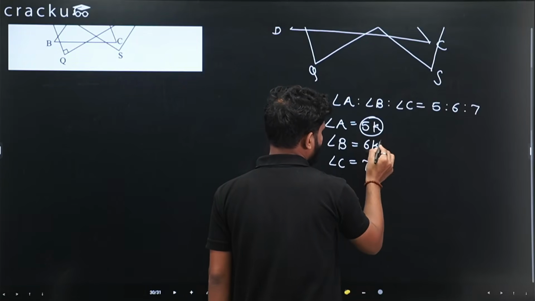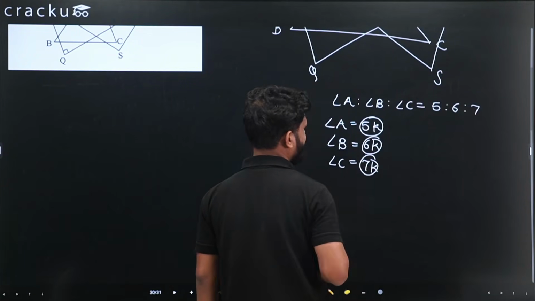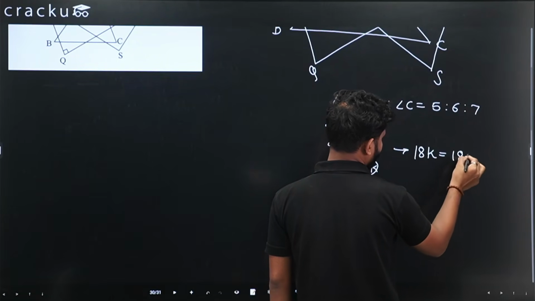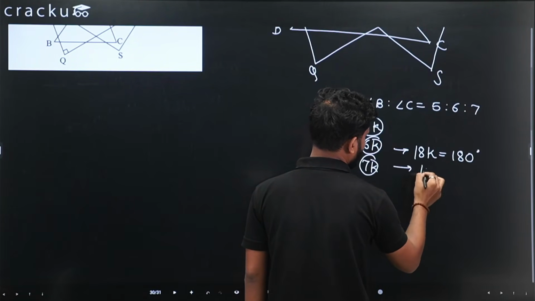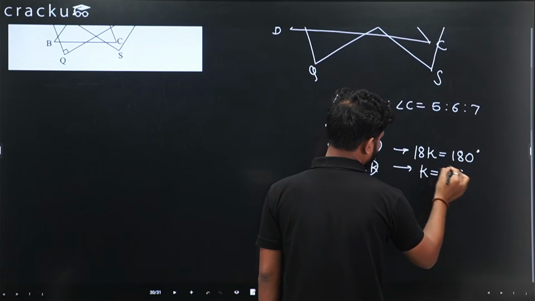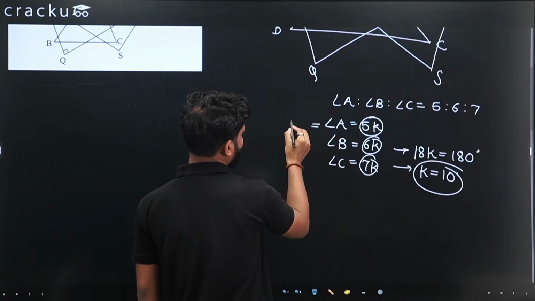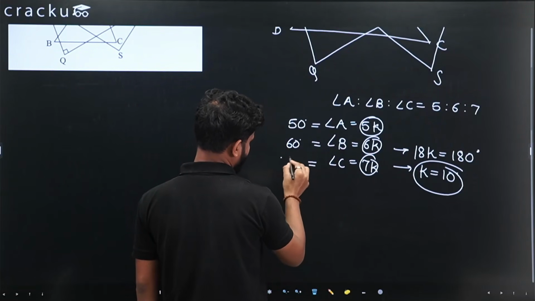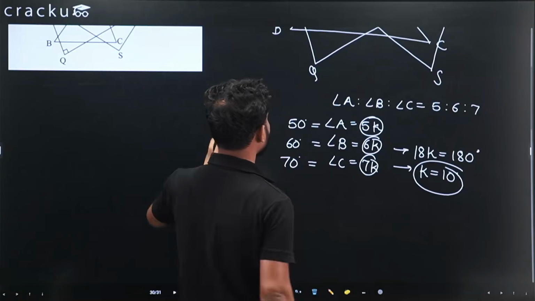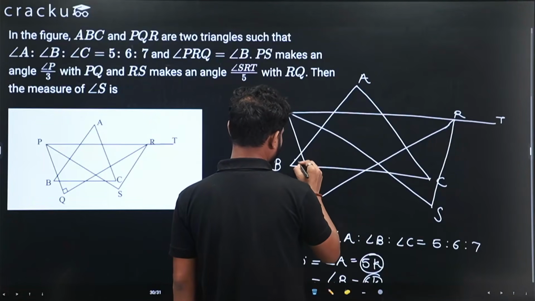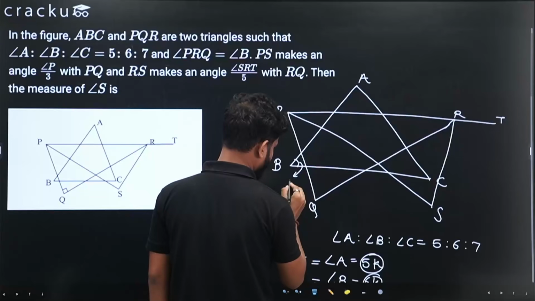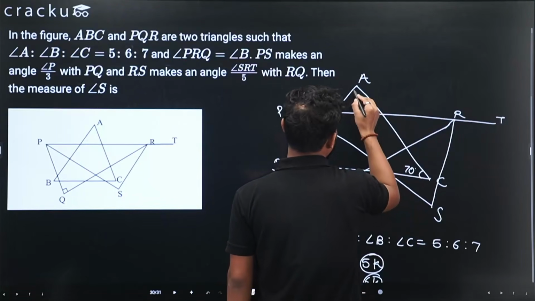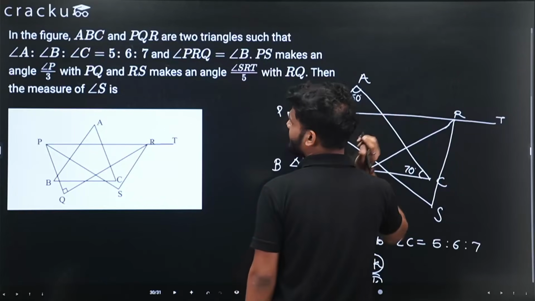So 5K plus 6K plus 7K will be 180 degree, or 18K will be equal to 180 degree. From here K is 180 by 18, which is 10 degree. Hence angle A will be 5K, which is 50 degree. Angle B will be 60 degree and angle C will be 70 degree. Right? So angle B is 60 degree, angle C is 70 degree, angle A is 50 degree.